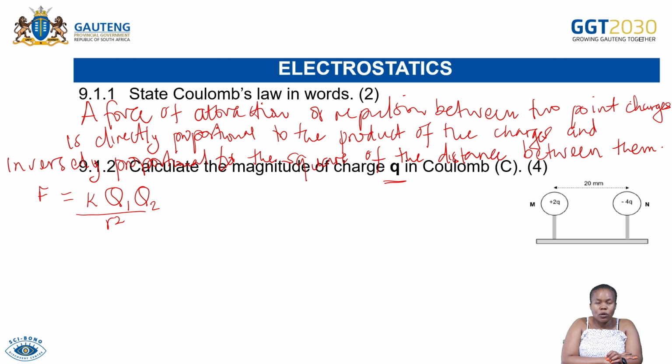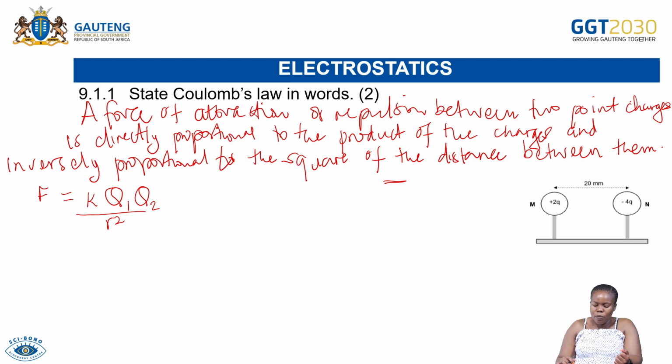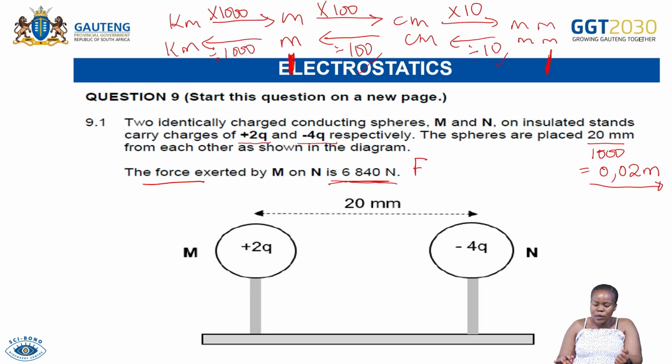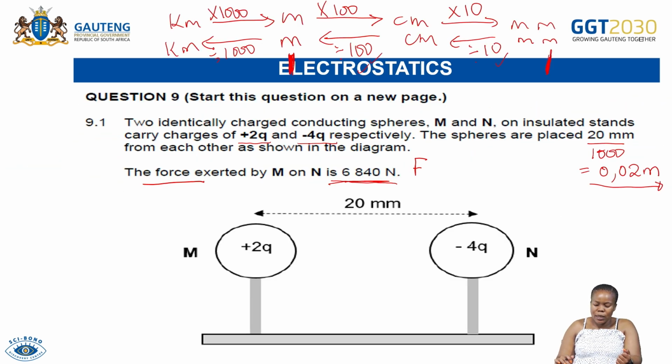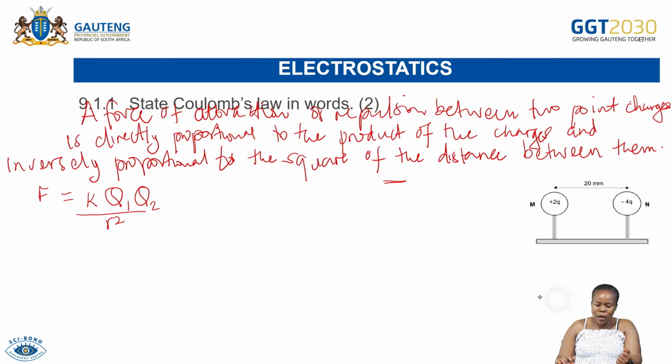Because that is Coulomb's law, but now using a formula or symbols. And then we are given the force. The force was what? Let's just go back a little bit. It was 6,840.